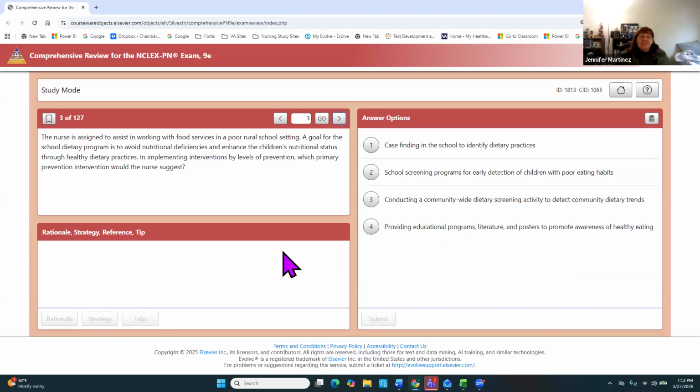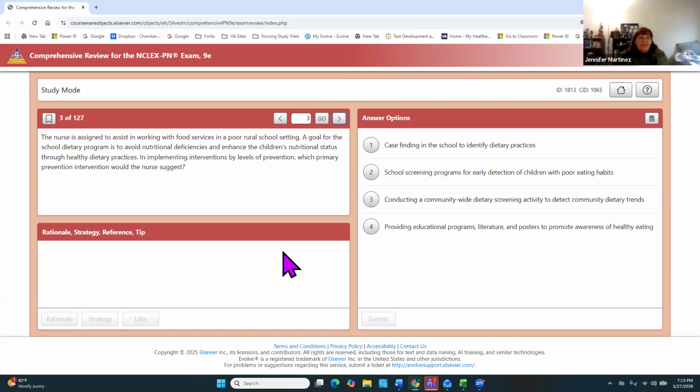The nurse is assigned to assist in working with food services in a poor rural school setting. A goal for the school dietary program is to avoid nutritional deficiencies and enhance the children's nutritional status through healthy dietary practices. In implementing interventions by levels of prevention, which primary prevention intervention would the nurse suggest?